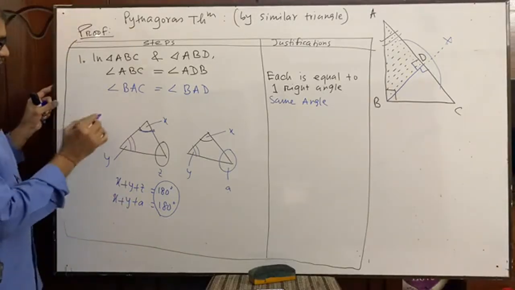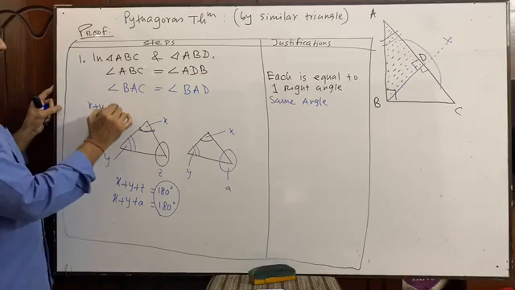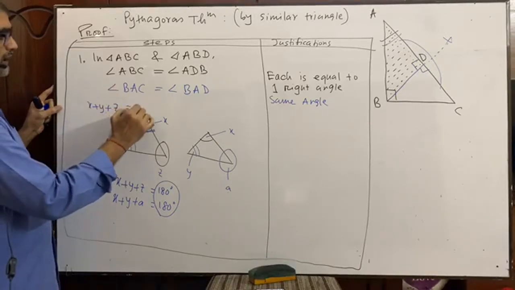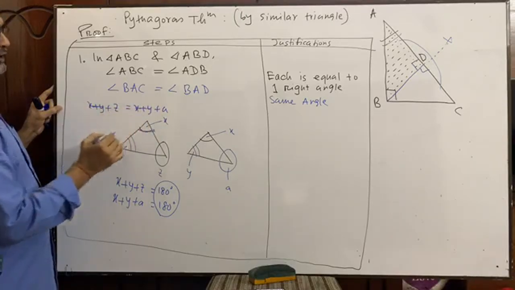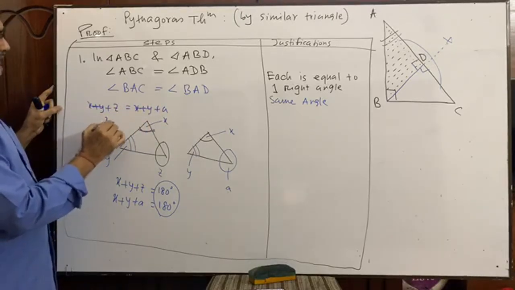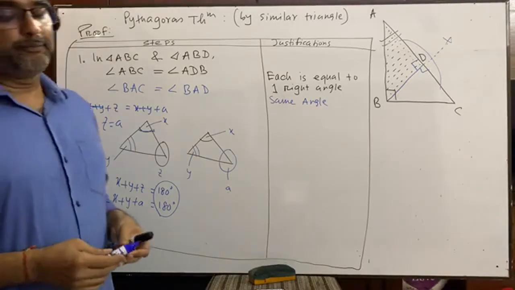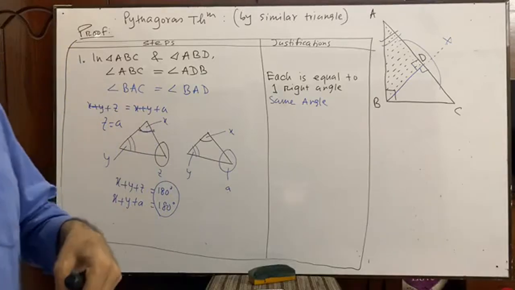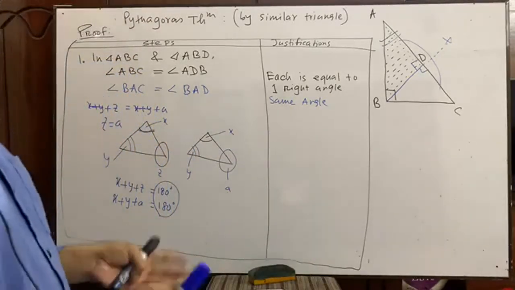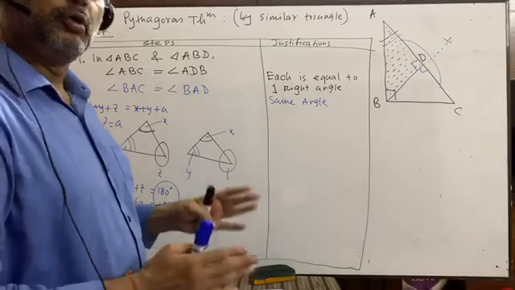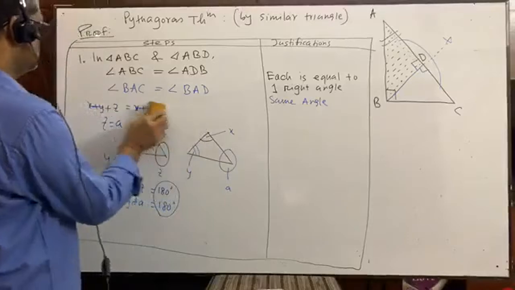That means x plus y plus z is equal to x plus y plus a. Since x plus y are the same, we get z equals a. If two angles are respectively equal, then automatically the third angle will also be equal.